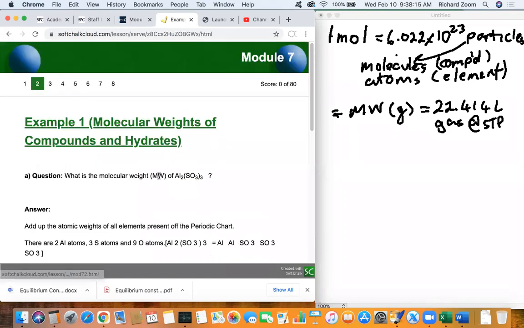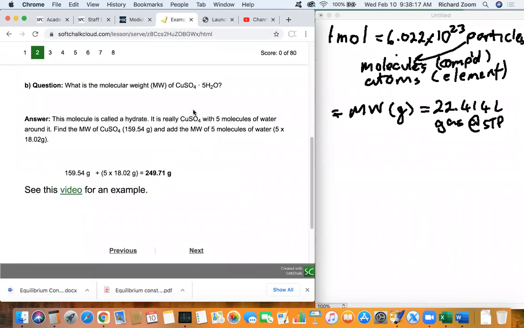There was one question here I had one look at, and that was the molecular weight of a hydrate. Now, these are something you're dealing with in lab right now. So if you've got CuSO4·5H2O, that's a hydrate, and hydrates are basically compounds that have water molecules around them.